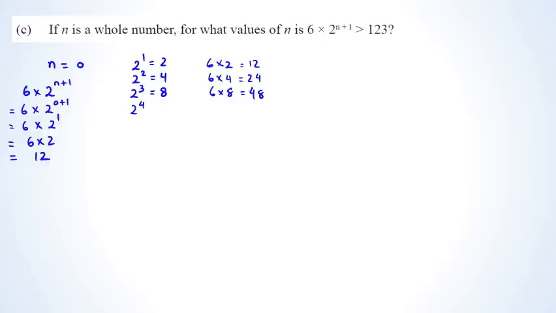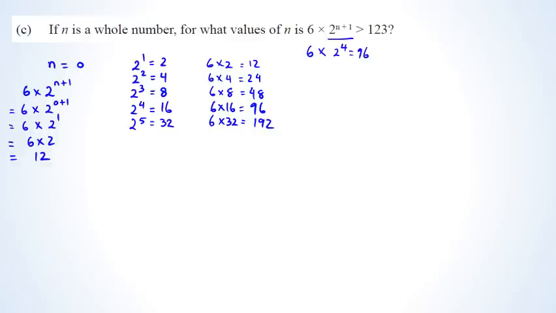And if I do 2 to the power of 4, that's 16. 6 times 16 is 96. And then 2 to the power of 5 is 32. 6 times 32 is 192. So, obviously, I can't have this part equal to 2 to the power of 4, because 6 times 16 is actually 96.